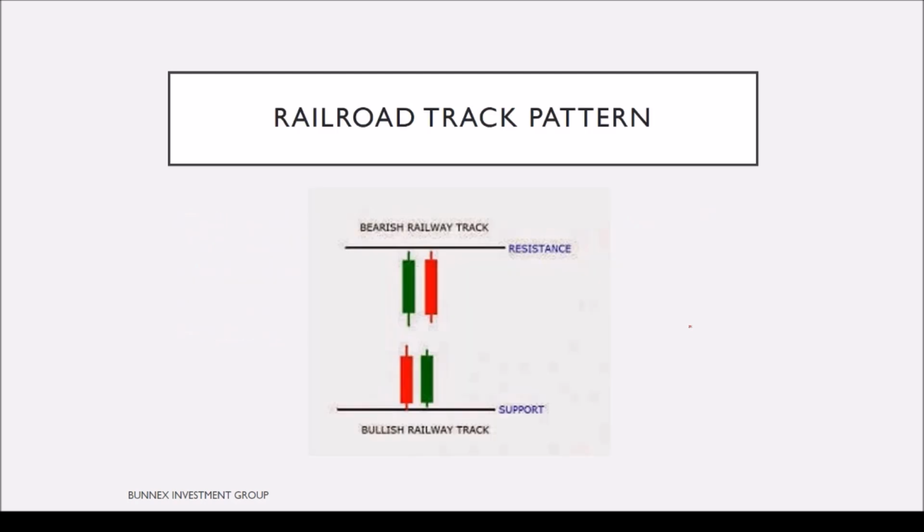Here is how the railroad track pattern looks. In this case, we have combined the buying setup and the selling setup. The first thing we have to do in order to trade candlesticks is to have a zone of interest, a point where we anticipate or expect them to present themselves. In this case, this is a resistance, a point that has shown in the past that price is reversing.